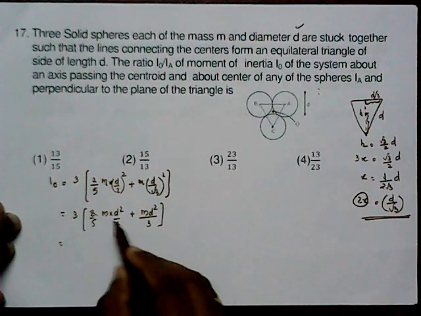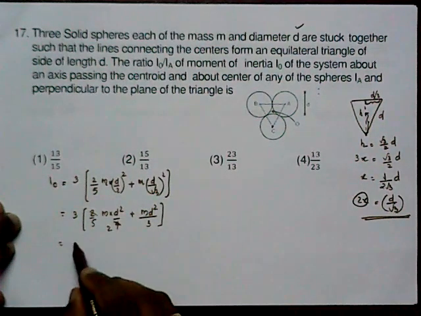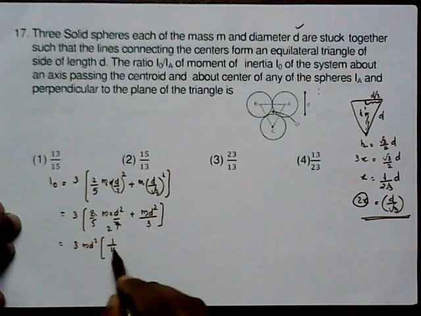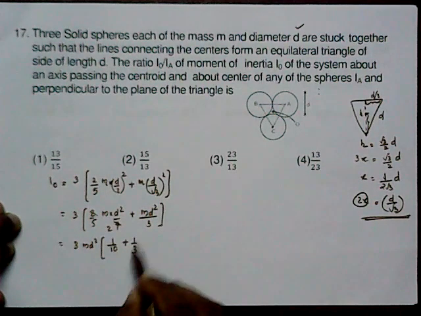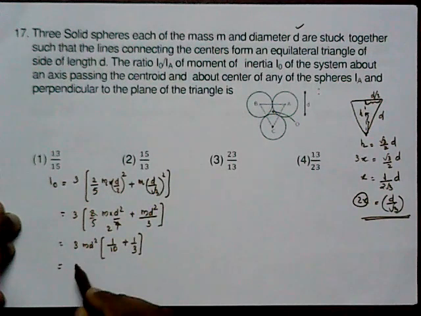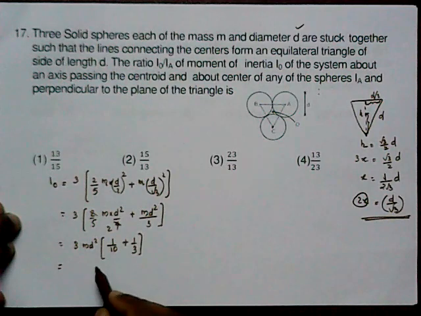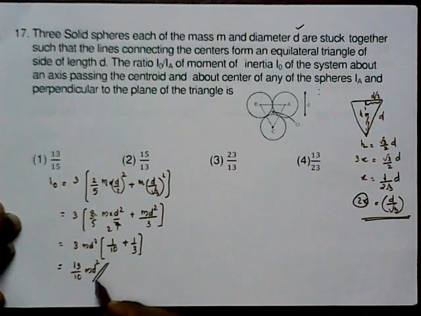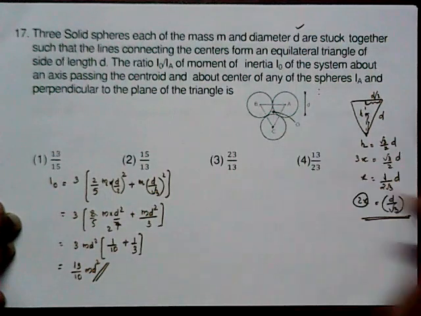We can take m d square in common: 1 by 10 plus 1 by 3, and you get the value 13 by 10 m d square. So that is the moment of inertia about the point O.